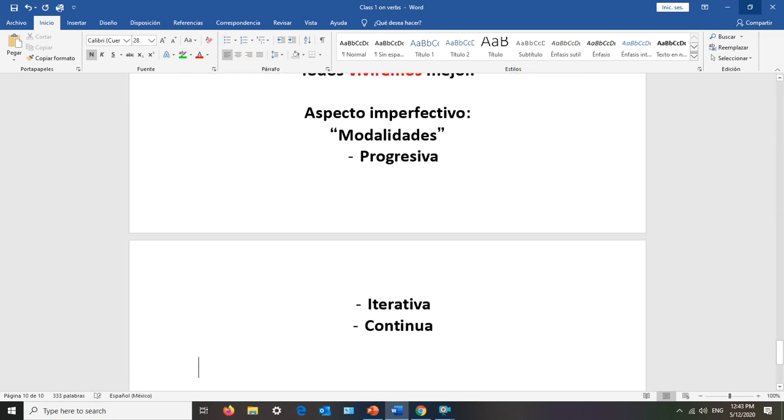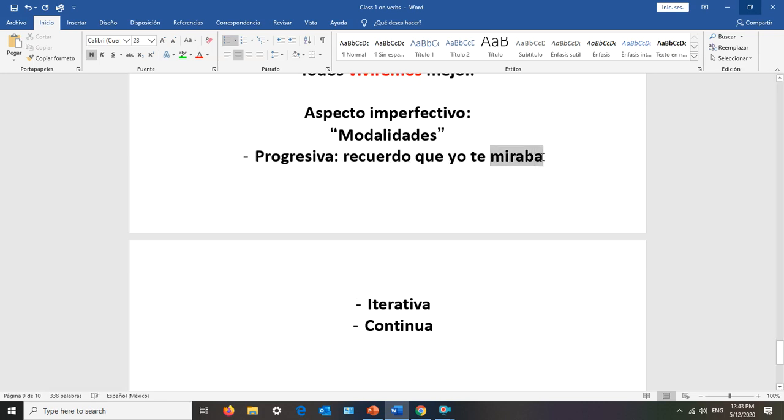So example sentences. Recuerdo que yo te miraba. So for progresiva, recuerdo que yo te miraba.